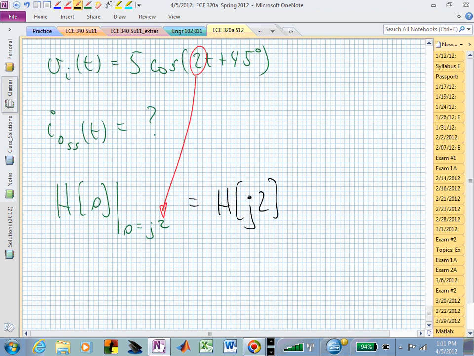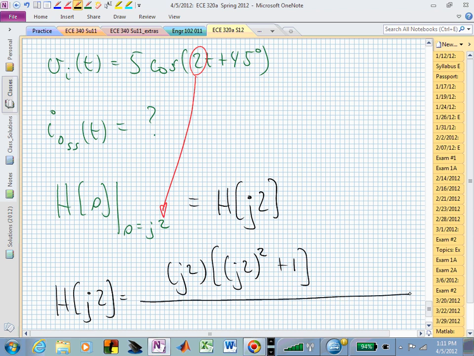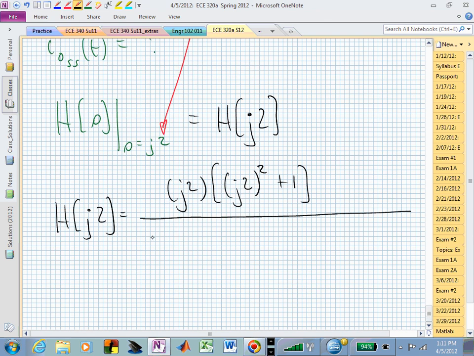In our particular transfer function, h of j2 becomes: we have an s there, so we replace that s with j2. We had an s squared there, and then we had that fourth order denominator.